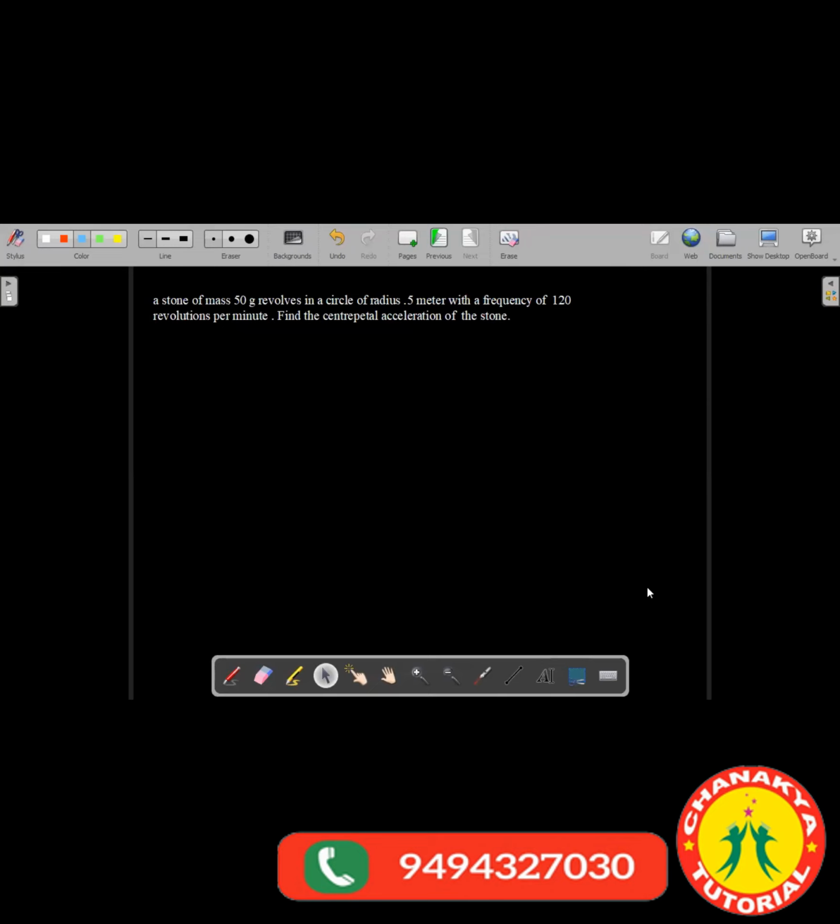Let's try to resolve this. Frequency means number of revolutions per second, per minute. So here frequency f is given as 120 revolutions per minute. If I convert it to revolutions per second, this would be 120 multiplied by 1 by 60, which turns out to be 2 revolutions per second.